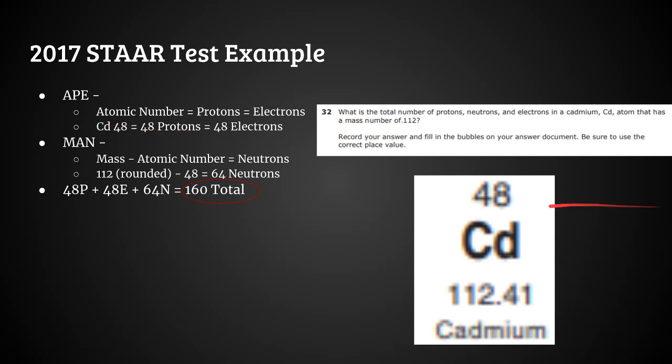So we find the atomic number is 48, which means we have 48 protons and 48 electrons, which we are gonna move down here because we are trying to find the total number of protons, neutrons, and electrons. Then we use our mass, so our mass of 112 minus 48 is equal to 64. So we add those up and we get 160, giving us the correct answer.